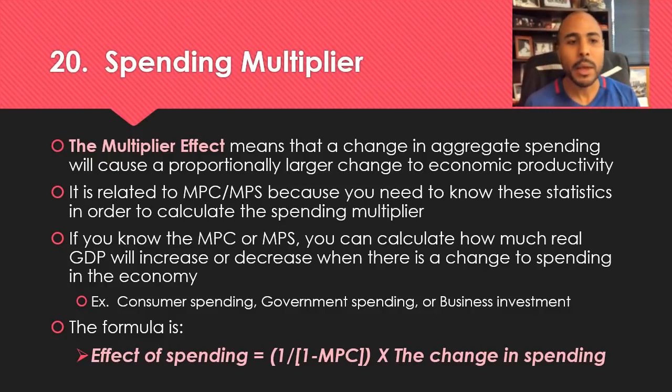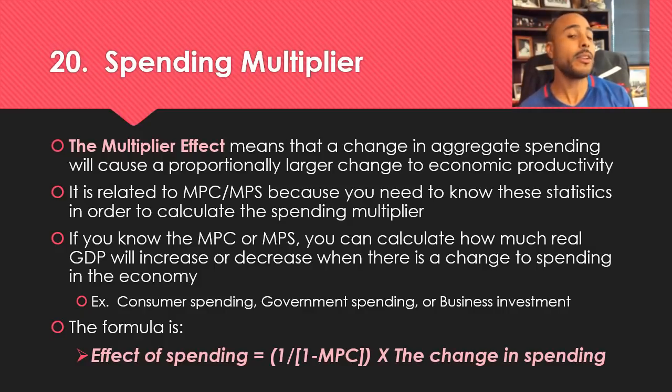So for example, if your MPC is 0.8, your MPS is 0.2, we'd say 1 divided by 0.2. 1 divided by 0.2, if you want to go ahead and calculate it, is equal to 5. So that would mean our spending multiplier is 5. So any change in our economy would be multiplied by 5.